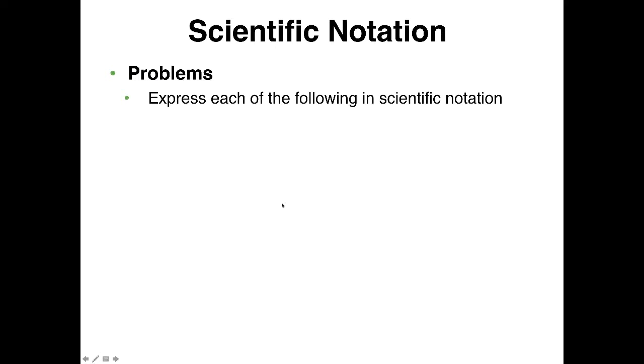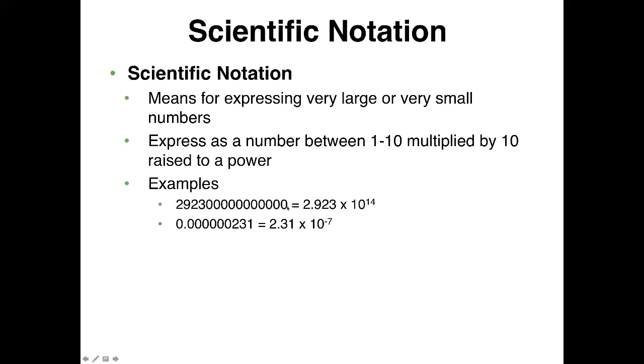You count from here, and however many spaces you count going to the left is the number that you raise the power of 10 to. And if you move the decimal to the left, then it's a positive. You count this way, 1, 2, 3, 4, 5, 6, 7. And since you move to the right, it's a minus number.